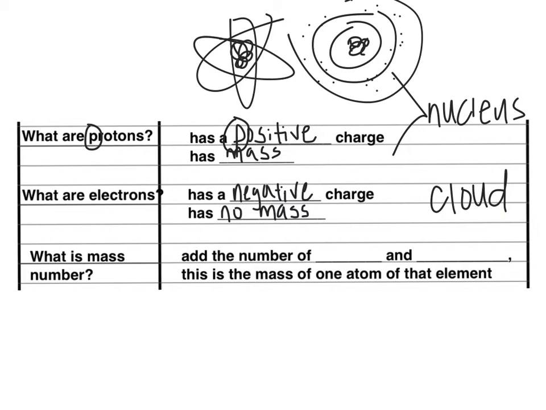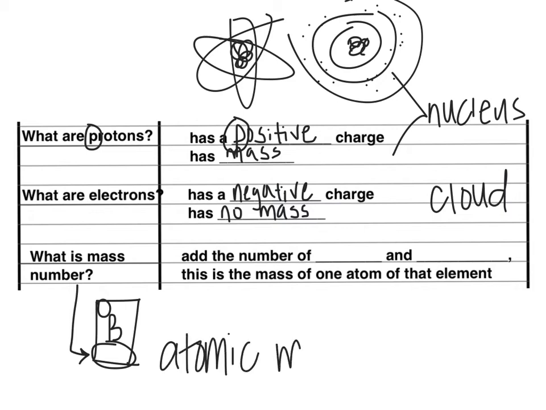So looking back at the periodic table, each element has its own little cell, and they have a number here and they have a number here. The mass number is this one. It's also called the atomic mass. The mass of the atom, of one atom of that element. So what is the mass number?